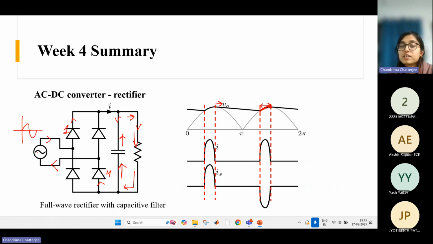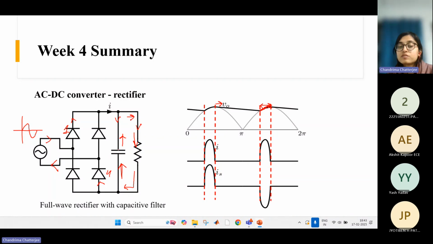But at the starting, when you are just starting this converter, there is no voltage across this capacitor. There is one voltage source, and you are connecting an uncharged capacitor to the voltage source.